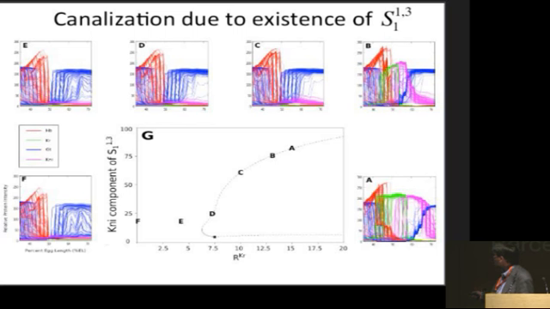So here you can see the patterns in the shorted model at point A, B, C, D. After D, the unstable manifold is gone, and you completely lose canalization. So it's this loss of the unstable manifold that leads to decanalization in mutants.